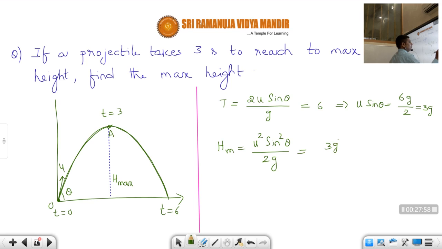So 3g whole square divided by 2g, that is equal to 9g square by 2g. One g will get cancelled, so 4.5 g, and taking g as 10, that is 45 meters. H max is 45.